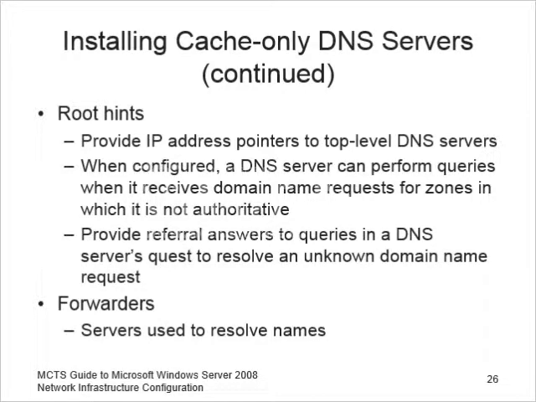The DNS Server service must be configured with root hints to resolve queries for names that it is not authoritative for or for which it contains no delegations. Root hints contain the names and IP addresses of the DNS servers authoritative for the root zone. You can use the DNS console to manage the list of root servers, as well as the DNSCMD command line utility.